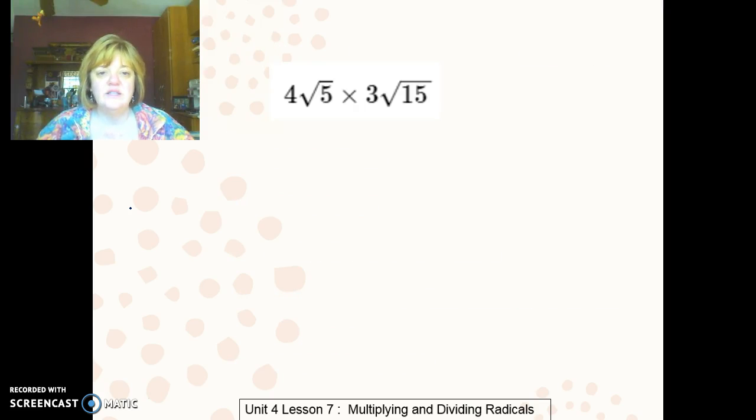So let's do an example. We have 4 square roots of 5 times 3 square roots of 15. So 4 times 3, which is 12.